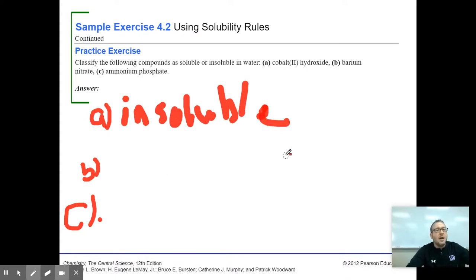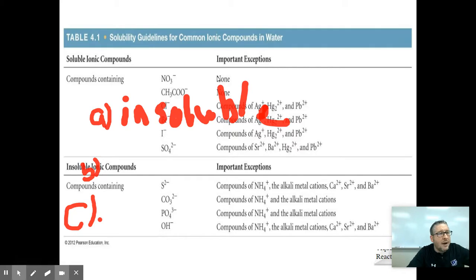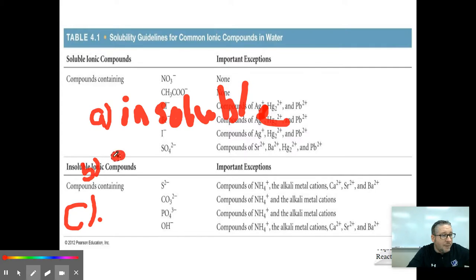Barium nitrate. Nitrate is our attention here, and it says there are no exceptions. So nitrate, no matter what compound it's in, is soluble. So B is soluble.